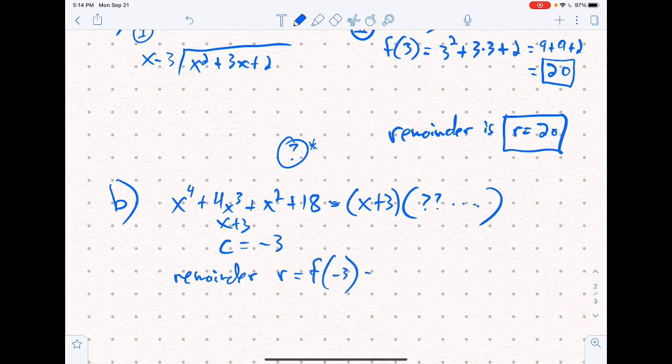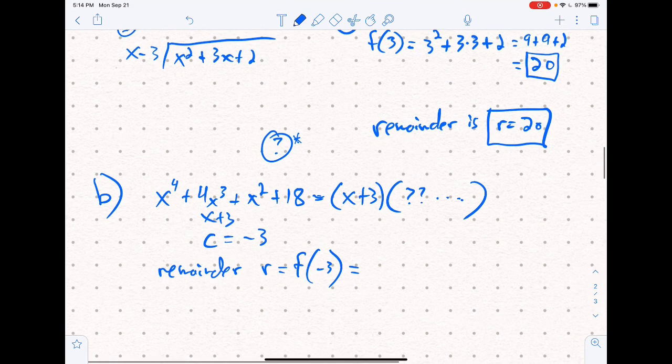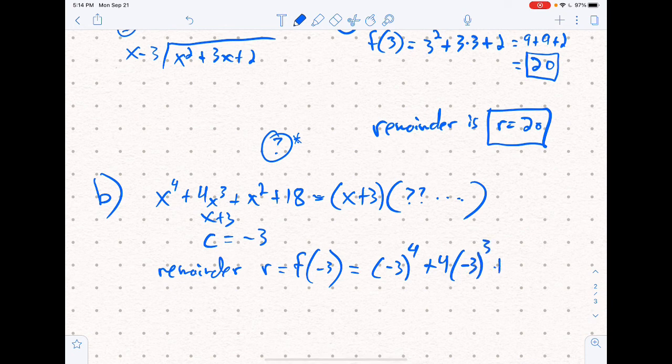To do that, we just substitute negative 3 into our function f and evaluate it. So this is negative 3 to the 4th power plus 4 times negative 3 cubed plus negative 3 squared plus 18. I encourage you to plug this into a calculator or do some such.